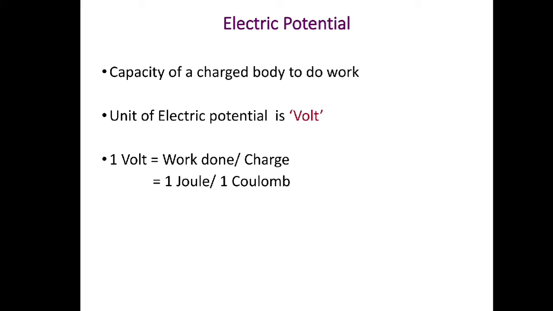The unit of electric potential is the volt. One volt is equal to the work done in bringing a positive charge from infinite distance to that particular point against the electric field. You can define it as electric potential, or as 1 joule per 1 coulomb.